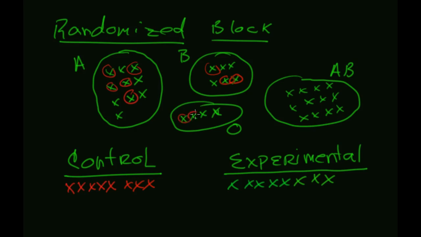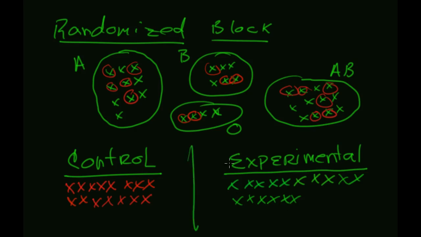Randomly pick 2 from here, put them in the control group, put the others in the experimental group, and then in my group of, what is this, this is 12, so I'm going to pick 1, 2, 3, 4, 5, 6 at random from this group. Put those in the control group, and put 6 in the experimental group.